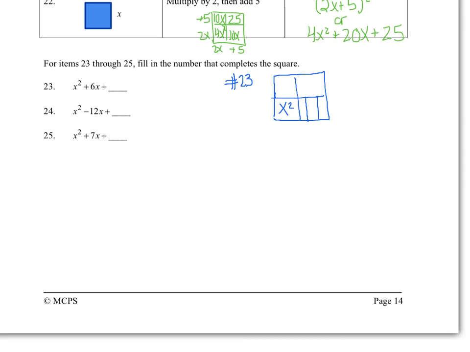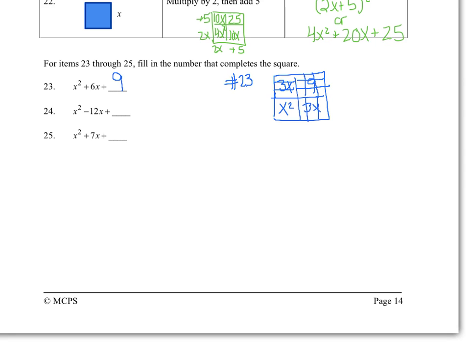So I'm going to take 3 x's on either side. So we've got 3 x's here and 3 x's here. So how many ones units is it going to take to complete this square? If we count, we've got 3, 6, 9. So it's going to be 9 ones units.